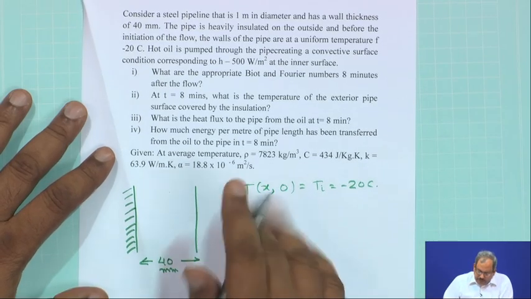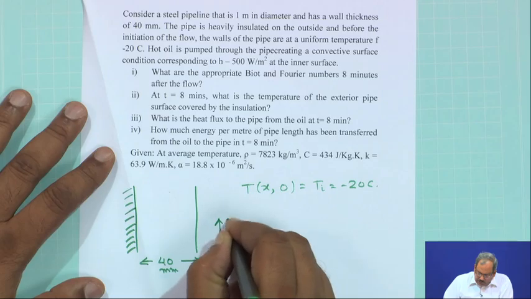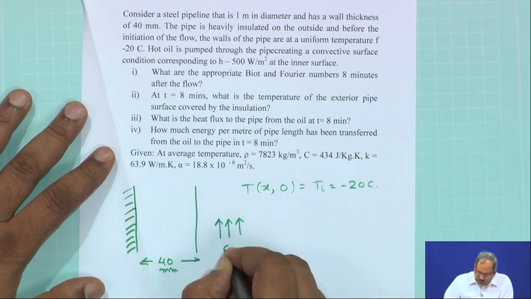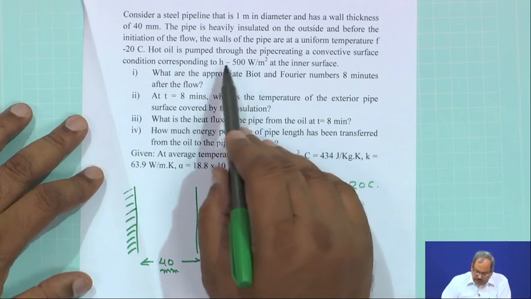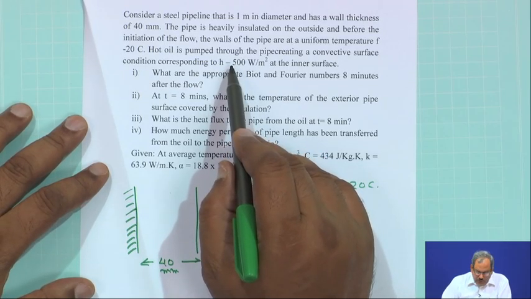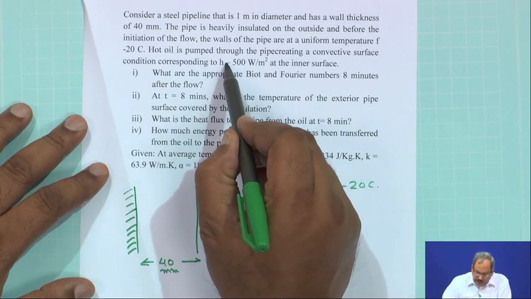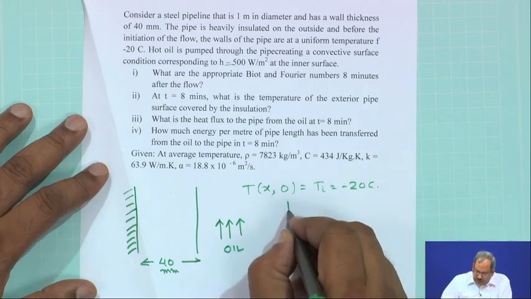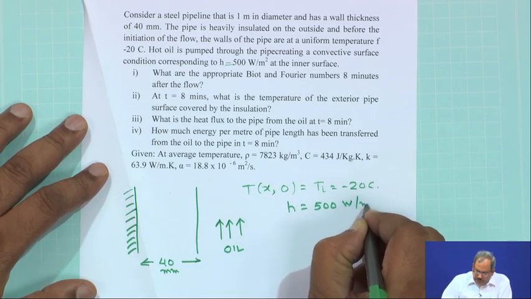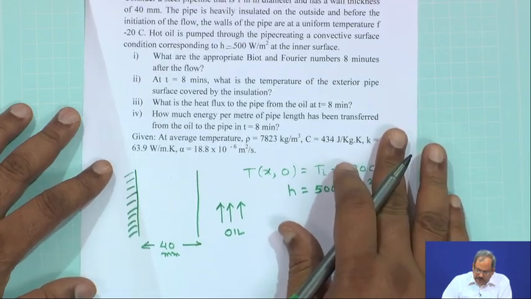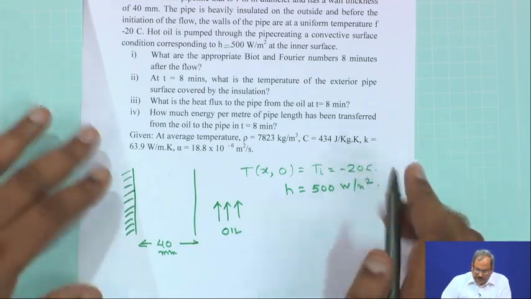Then hot oil is pumped through this pipe with a convective heat transfer coefficient h equal to 500 watt per meter square kelvin at the inner surface.